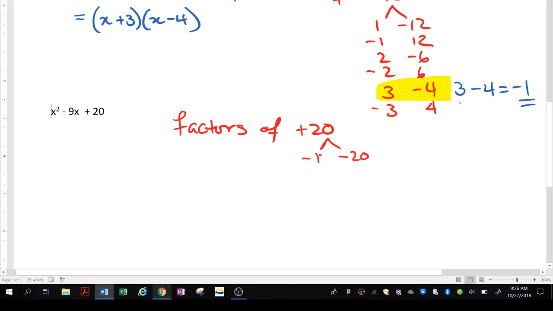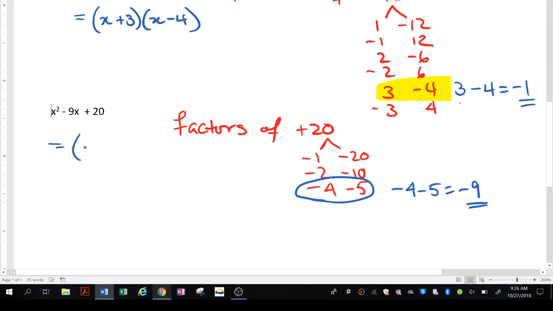We want the product to be positive, but the sum to be negative. So negative 1 and negative 20, negative 2 and negative 10, negative 4 and negative 5. You'll notice that those two sum to negative 9, which is what we want. So we can say that this trinomial factors to (x minus 4)(x minus 5).